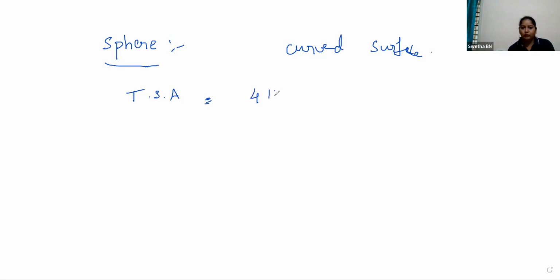So it is 4 pi r square. Total surface area is 4 pi r square, and volume of sphere is equal to 4 by 3 pi r cube. Okay, you have only two formulae for this: 4 pi r square, and volume is 4 by 3 pi r cube.